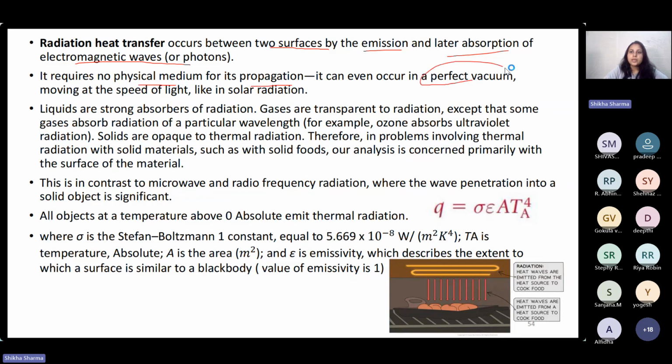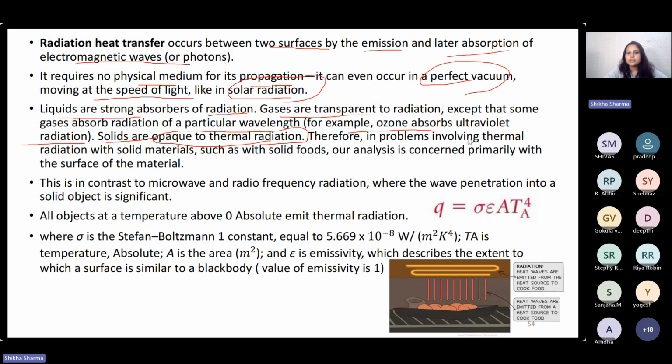It can even work in a vacuum, moving at the speed of light, like solar radiation, which is a natural form of radiation heat transfer. Liquids are strong absorbers of radiation. Gases are transparent to radiation, except ozone, which absorbs ultraviolet radiation. And solids are opaque to thermal radiation.